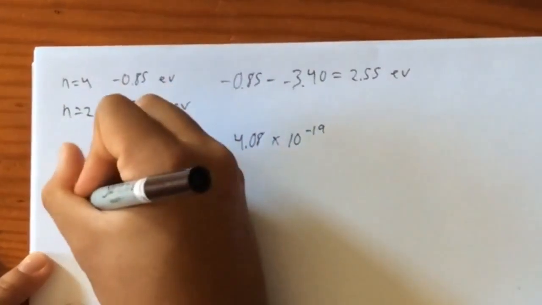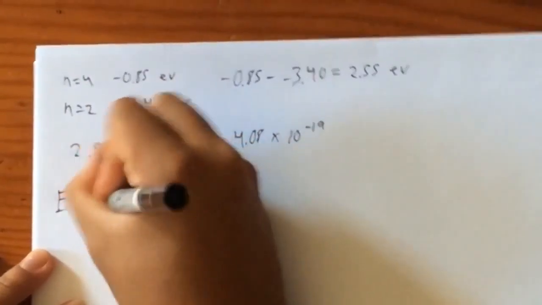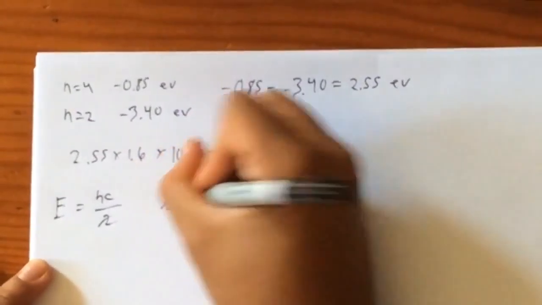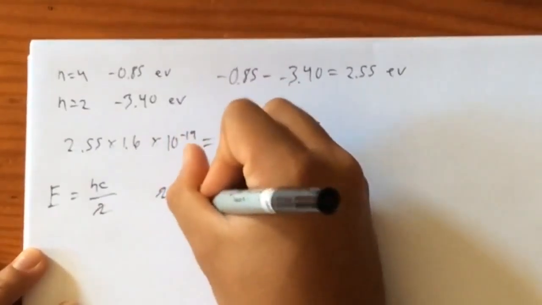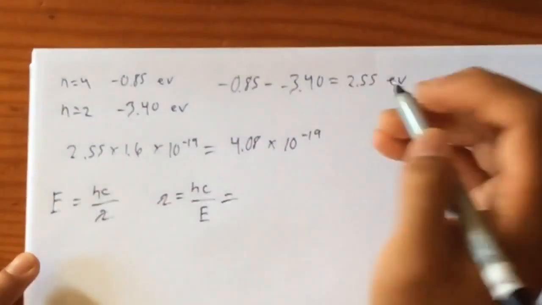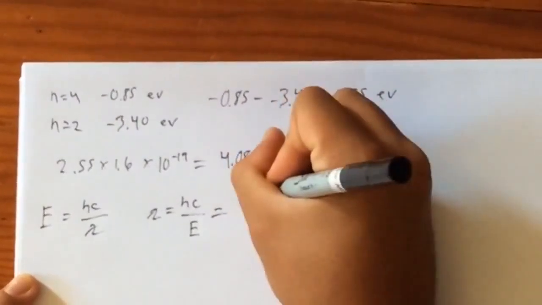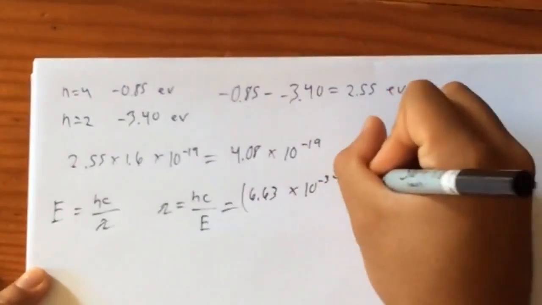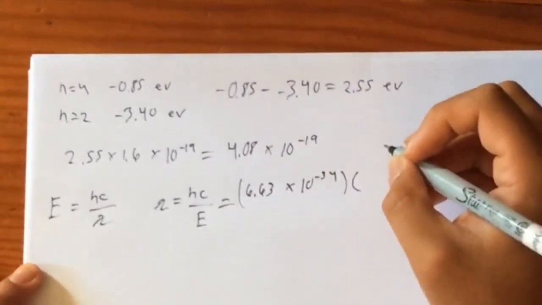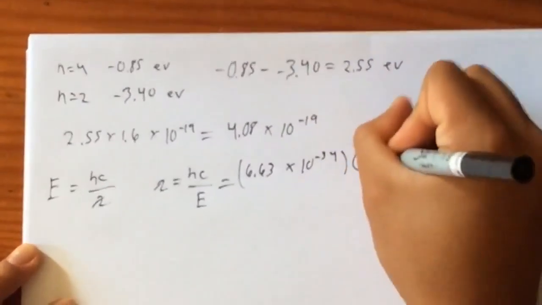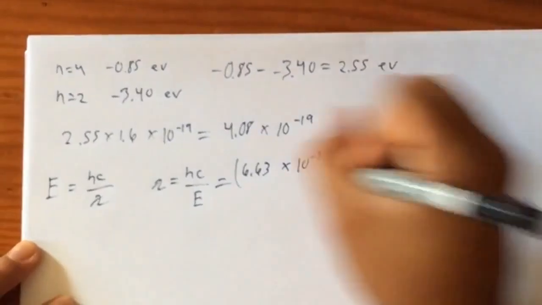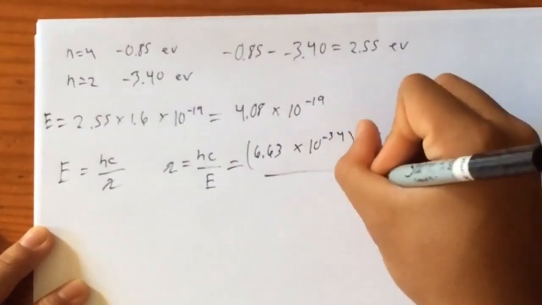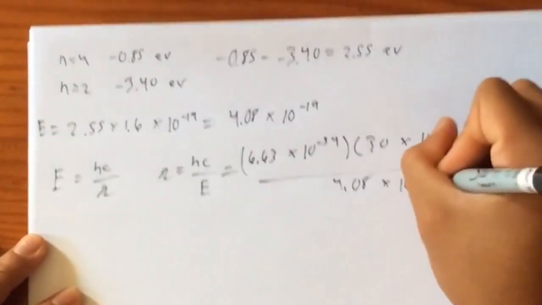And the equation that we're using to solve this problem is E equals hc over lambda, but since we need the wavelength, we solve for lambda and we get lambda equals hc over E. So now plugging in variables, h, which is Planck's constant, that is 6.63 times 10 to the negative 34th, and that's going to be multiplied by c, which is the speed of light, and that is 3.0 times 10 to the 8th, and for E, which we already solved for up here, that is 4.08 times 10 to the negative 19th.